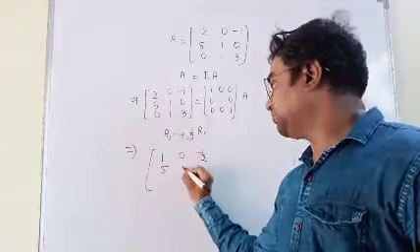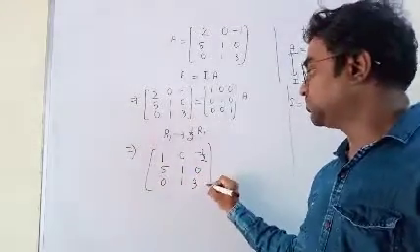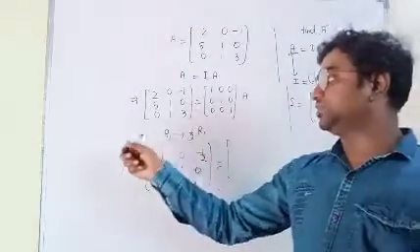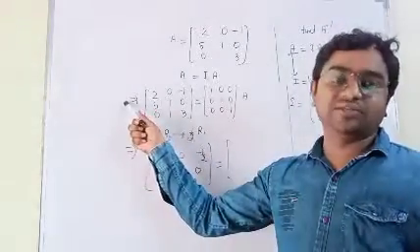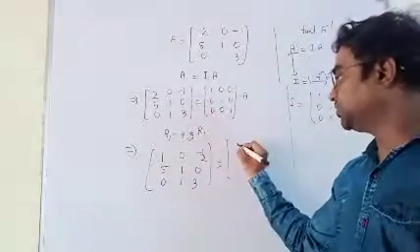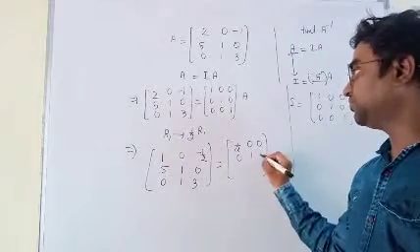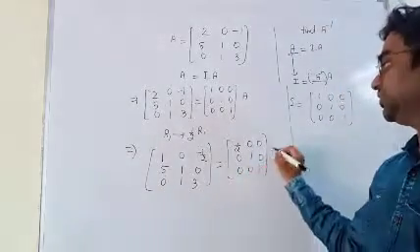Here it will be 5 1 0, 0 1 3. There will be no change. If you divide in the first matrix, it will automatically divide in the second also. So it will become 1/2 0 0, 0 1 0, 0 0 1 into A.